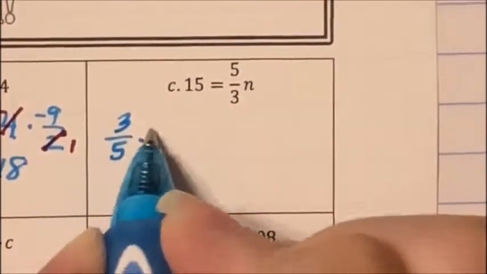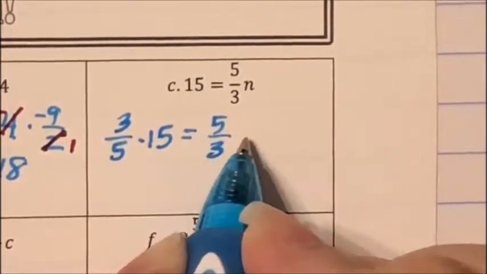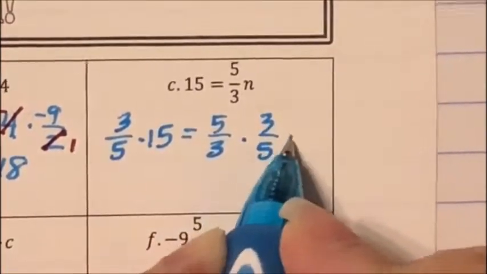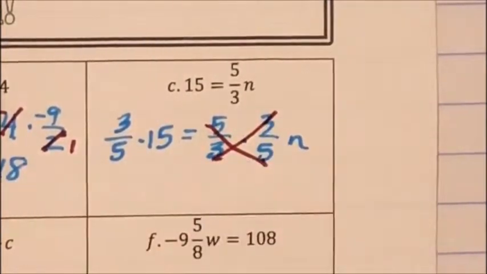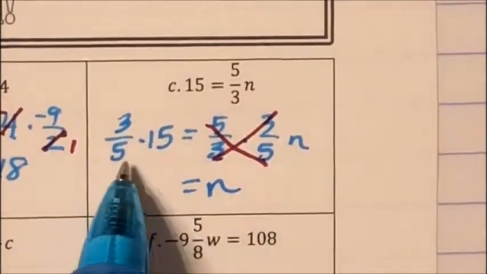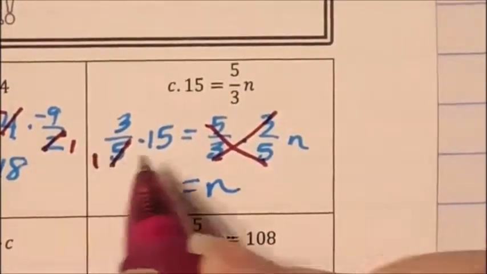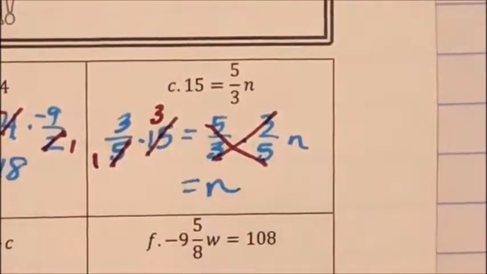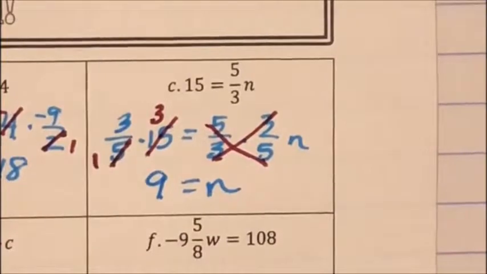So 3/5 times 15 equals 5/3 times 3/5 n. This cancels. So I'm left with n on this side. The 5 and the 15, I can simplify. 5 becomes 1, 15 becomes 3. 3 times 3 gives me 9.